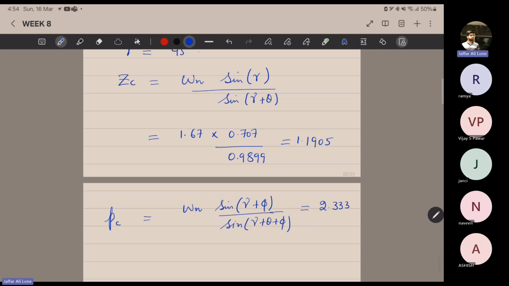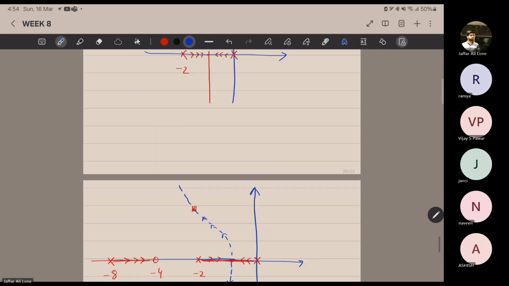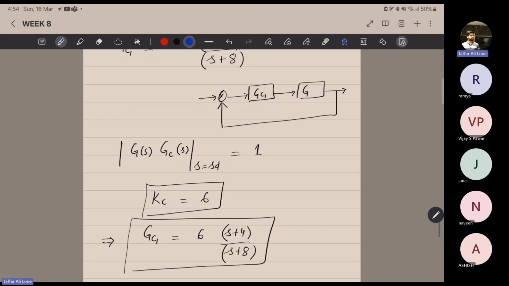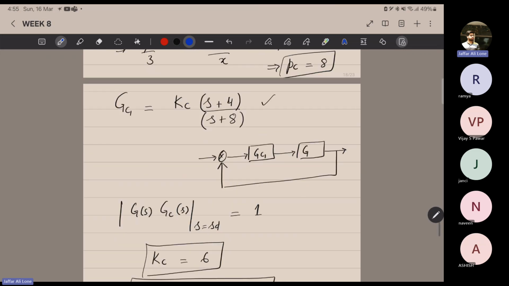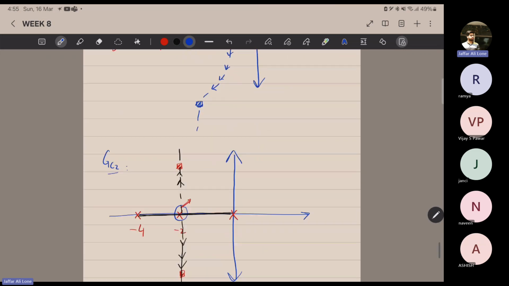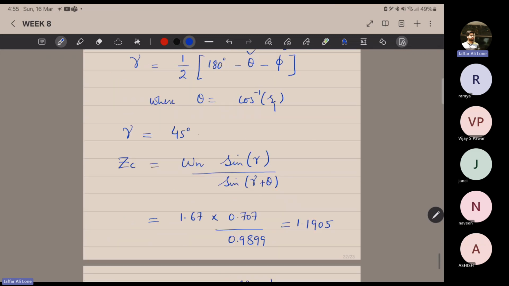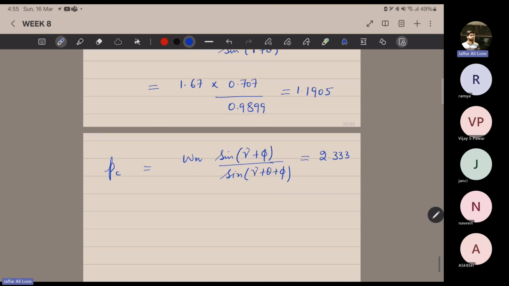So with this you got these values, ZC and PC. No need to find those angles or whatever I told you. So you know the compensator.